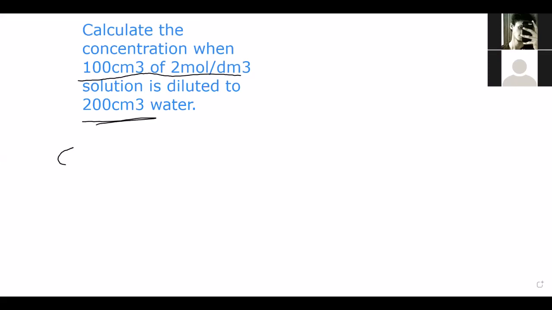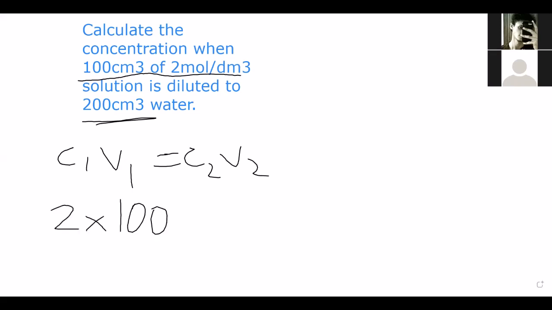Now C1 into V1 equals to C2 into V2. C1 is 2 into V1 is 100. We have to find C2, and V2 is 200. So this C2 will come as 1.